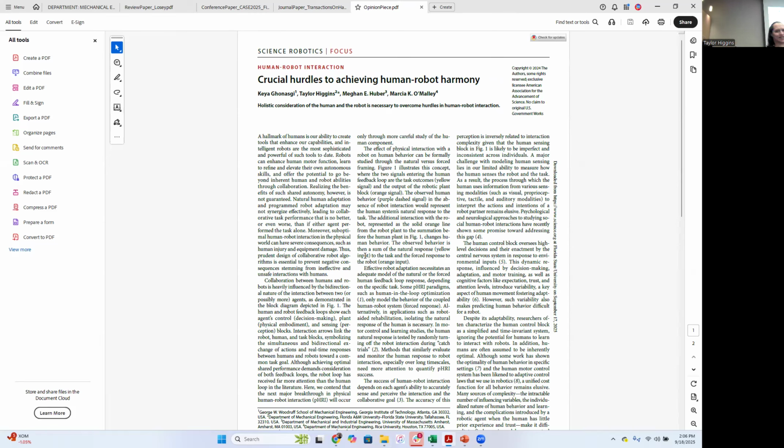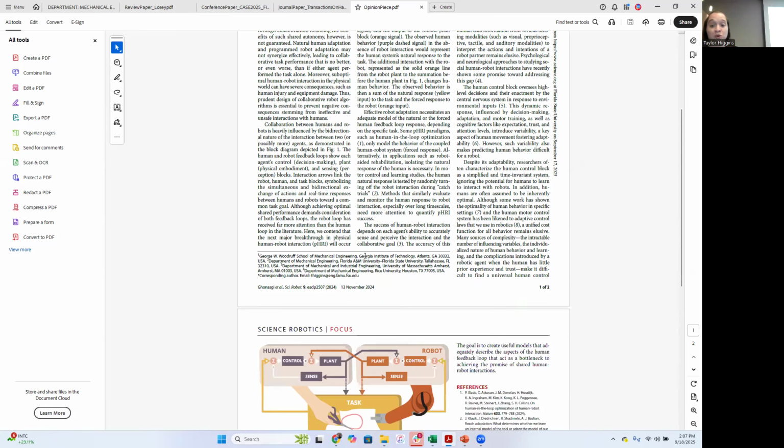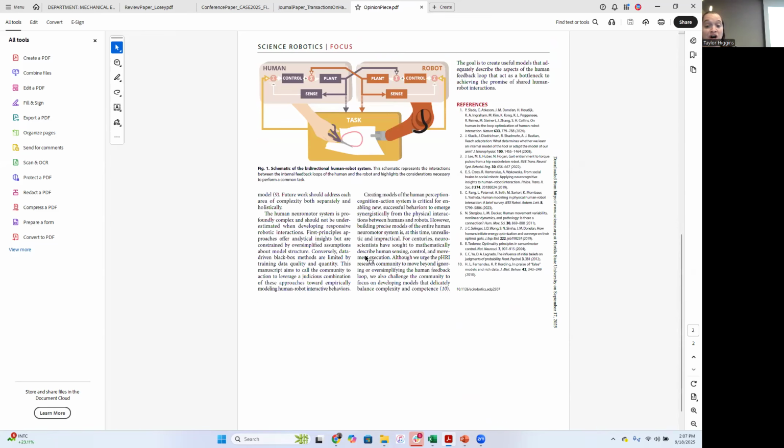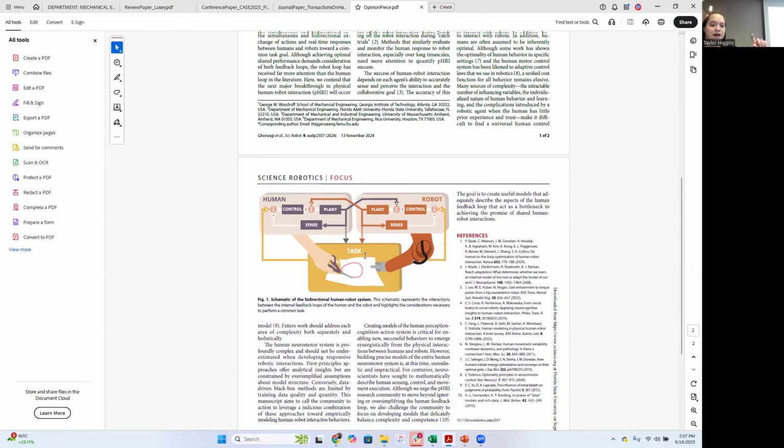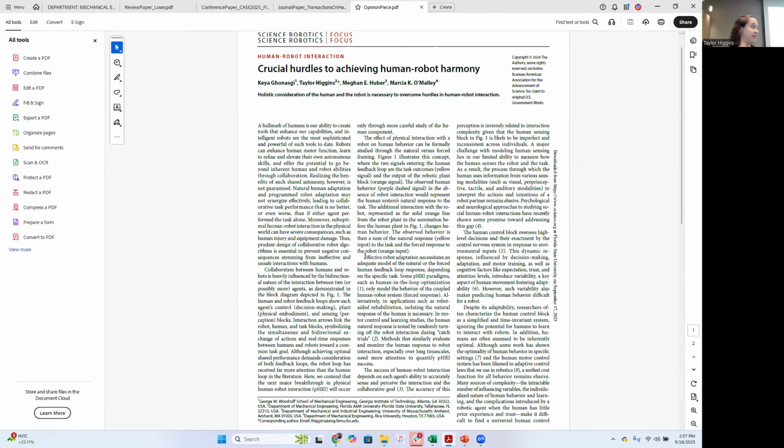I think 1,000 words is the max. And then they have a viewpoint, which is more like a review paper. And then they have some of your more standard methods, results, discussion, conclusion papers. Okay. So this one, you'll also notice that it's not a literature review. We only cite 10 papers. There's no experiments.